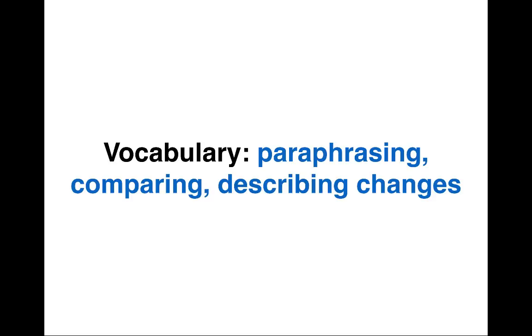We'll look at the examples of paraphrasing and comparing language and describing changes that I used. We'll start with paraphrasing of electricity production that came from the question. Instead of electricity production, I wrote amount of electricity produced, source of electricity, provided electricity, generating electricity.